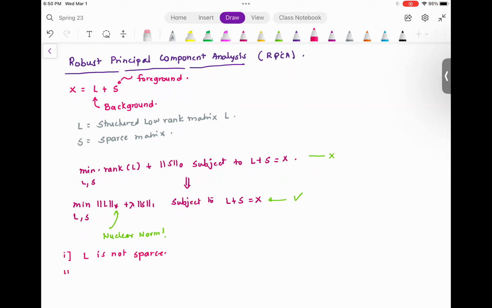And second, S is not low rank. The entries are randomly distributed. So if you were to solve this problem, you can solve it using the MATLAB code.